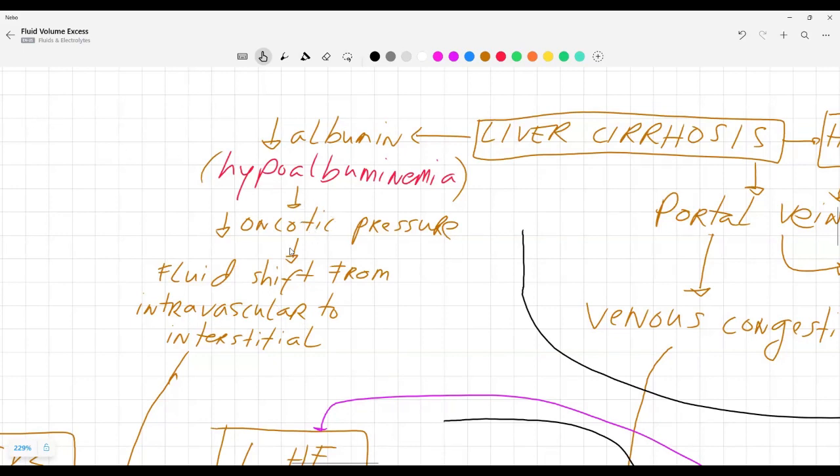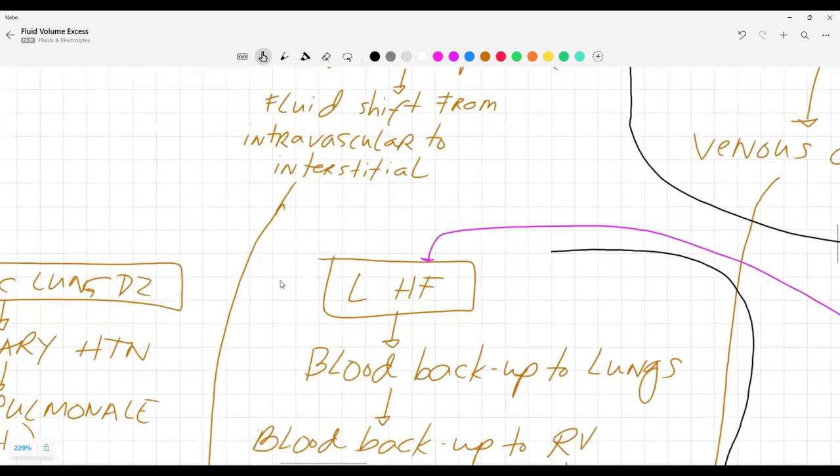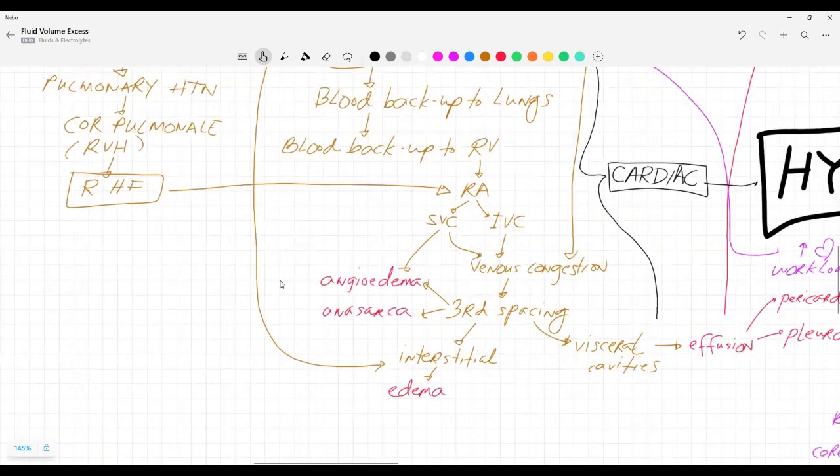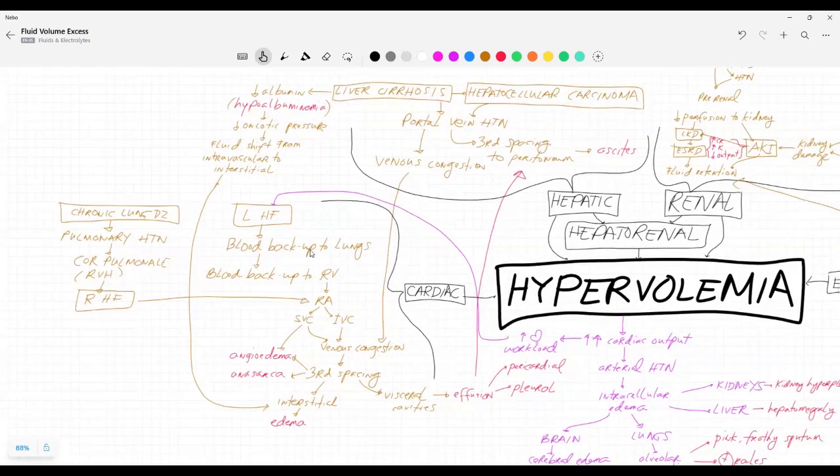So if there is no albumin, there's nothing that pulls or keeps the fluid in the intravascular space, and so therefore the fluid shifts. And again, it's going to shift from inside the blood vessel into the interstitial space. And that is what causes edema. So there's also edema in that type of issues in the hepatic system.